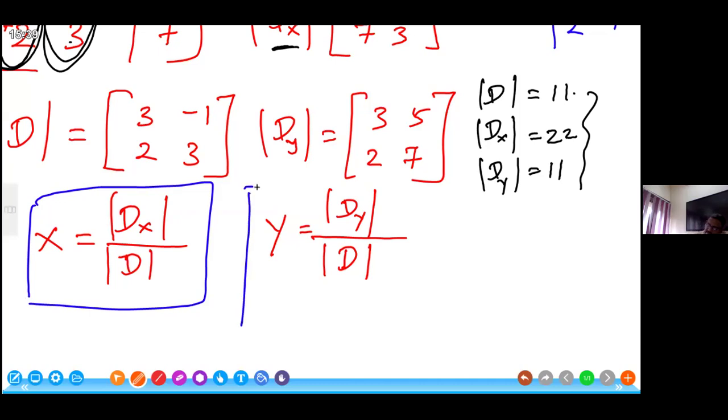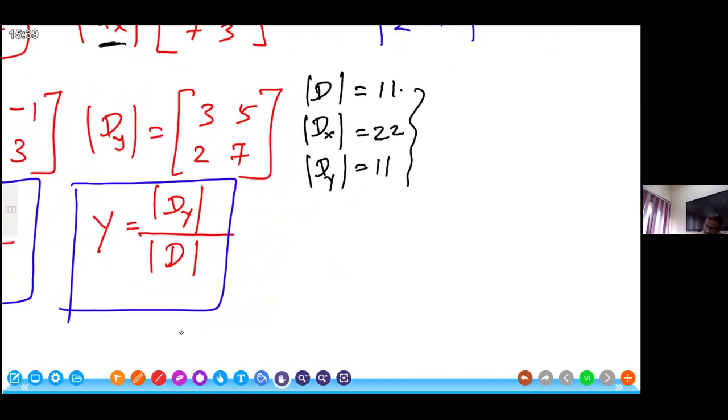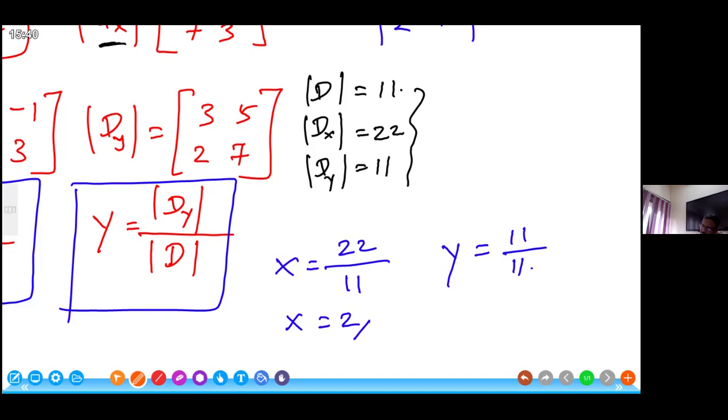To find the y value, determinant of dy divided by determinant of d. Clear? So here our determinant of d is 11, where the x value is 22 divided by 11. The y value is 11 divided by 11. So x is equal to y is equal to 1.